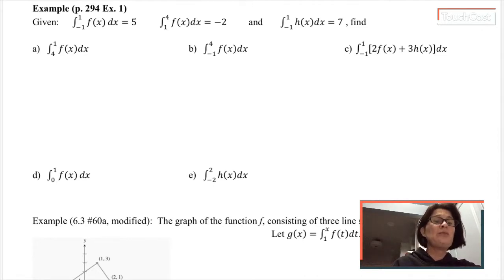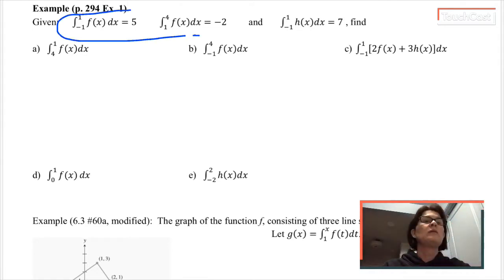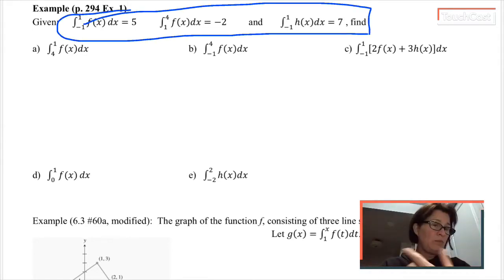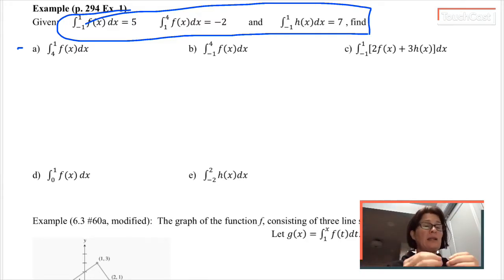So we had a lot of people working on this in class already, but to review here, I'm going to use the properties to try to simplify some of these expressions for definite integrals. So these are things I know. It doesn't say how I know them, but I've been told them. If I want to find the integral now from 4 to 1 of f of x, I'm going to use that changing the order of the limits rule, because I know the integral from 1 to 4 of f of x.